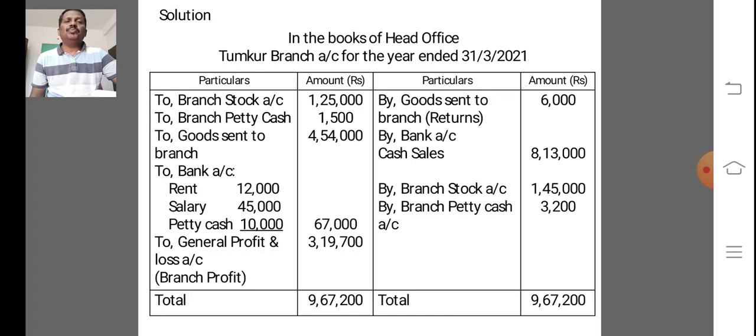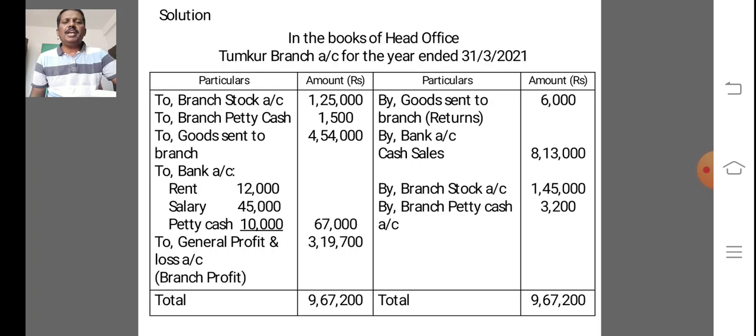Then goods sent to branch account, with the cost price of goods sent by head office to branch 4,54,000. Again debit the bank account with the amount of branch expenses met by head office, that is rent 12,000, salary 45,000, petty cash 10,000, total 67,000.